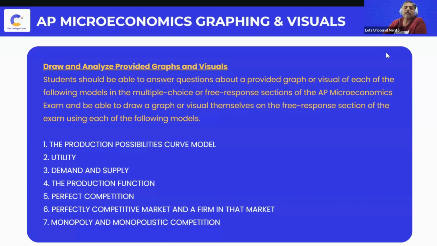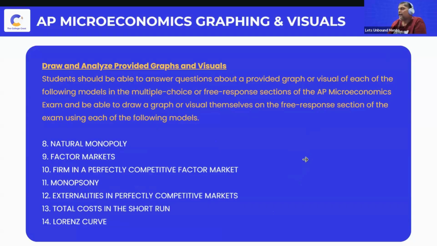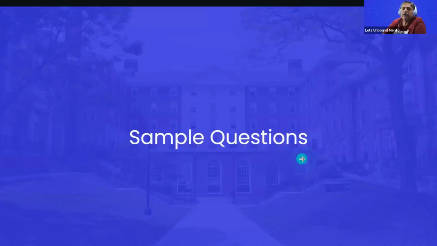For example, the production possibility curve, the utility model, the demand and supply curves, the production function, the perfect competition model, the perfectly competitive market and a firm operating in that market, monopolistic competition, so imperfect competition as well, natural monopoly, factor markets like labor and all other factor markets, how firms operate in a perfectly competitive factor market, the concept of monopsony, or externalities as far as perfectly competitive markets are concerned, like for example the role of government, total costs in the short run, the Lorenz curve. All of those graphical concepts are very, very important.